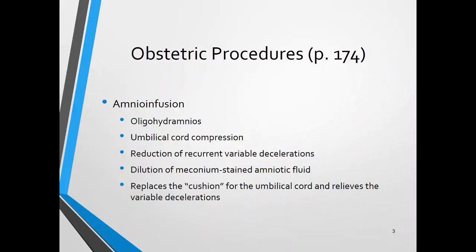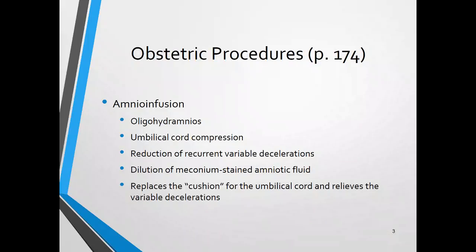There's a few different obstetrical procedures that can occur when there are complications, one of them being an amnioinfusion. That is when fluid is being put in, one of the reasons being oligohydramnios, which means there's not enough amniotic fluid.